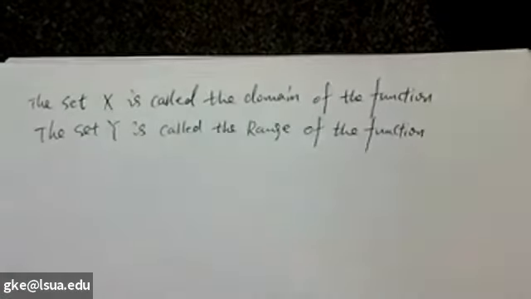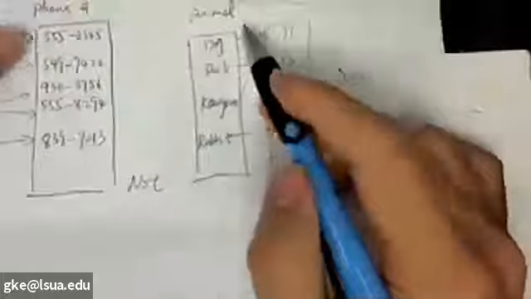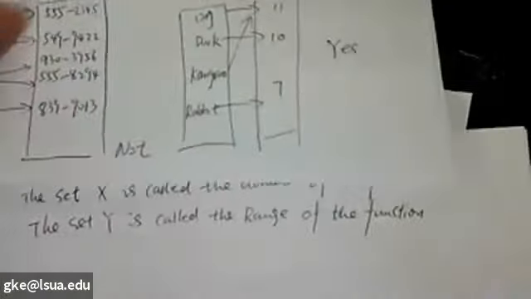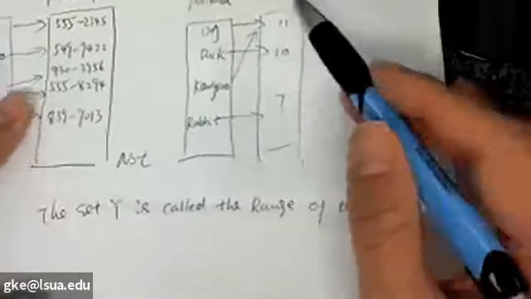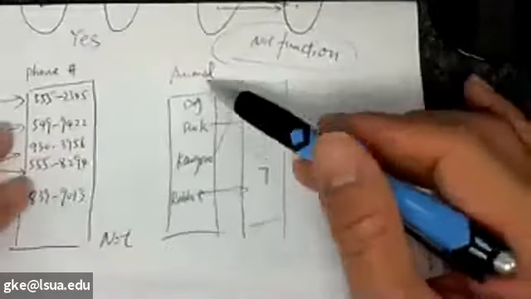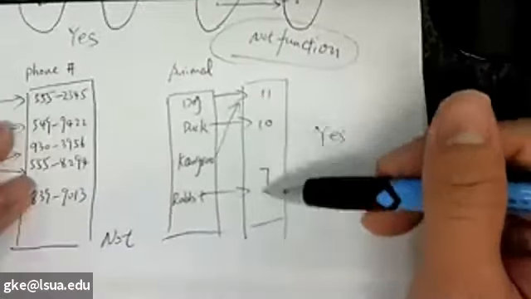Okay. So let's take a look at, for example, the second example, the animal: dog, duck, kangaroo, and rabbit is the domain. Okay, the X set is the domain, the Y set is the range.